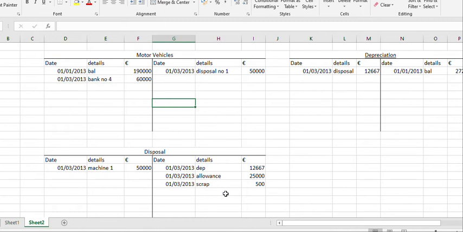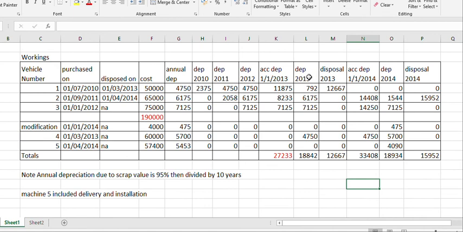So a couple of things I have to do now. We also have our depreciation for 2013. If we go back to sheet 1, depreciation for 2013 is 18,842.